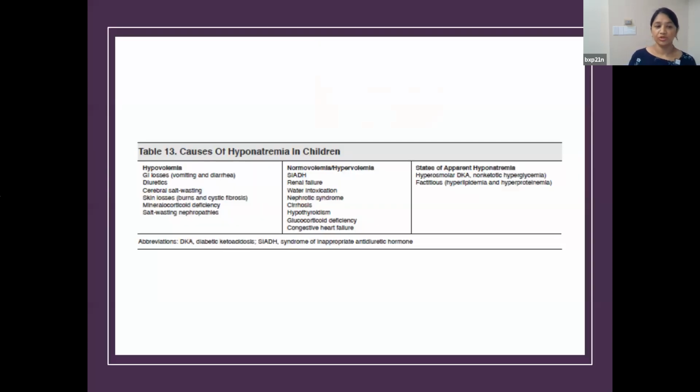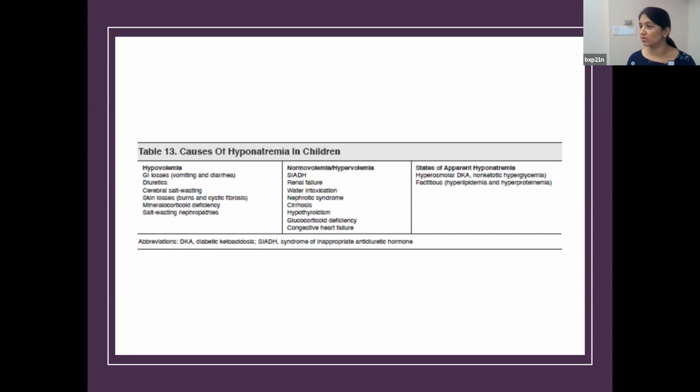So causes of hyponatremia: you can divide them among hypovolemia, normovolemia, or hypervolemia, or apparent hyponatremia status, right? If you are losing fluid through the GI tract or through the kidneys with a diuretic, or cerebral salt wasting, or skin losses, especially cystic fibrosis kids, right?